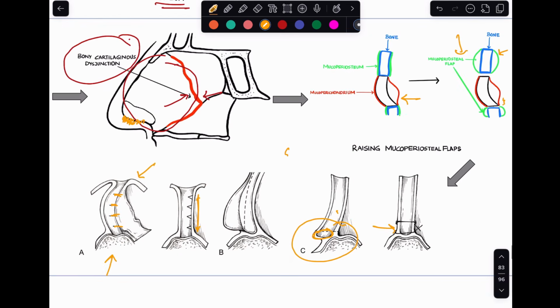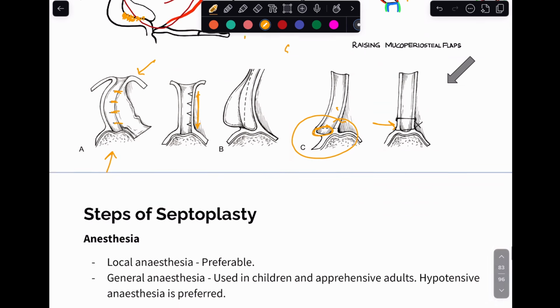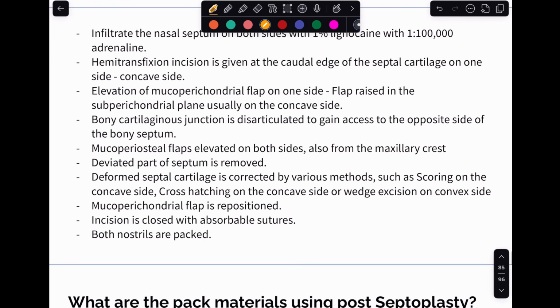Next we'll perform the bony cartilaginous disjunction. We'll raise mucoperiosteal flaps on both sides and also from the floor. Then we'll remove the deviated part of the septum and correct it by any method required. We'll reposition the flaps, we'll close the incision, and then we'll pack off the nose. These are the steps of septoplasty that you need to know.